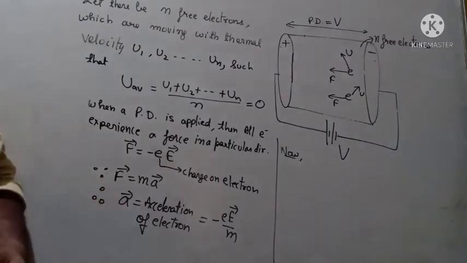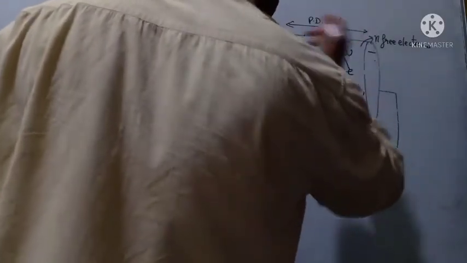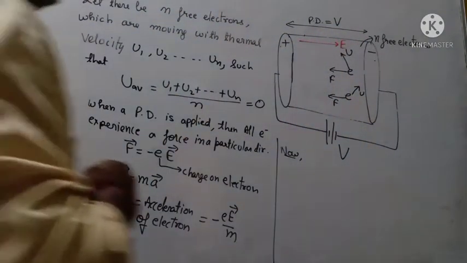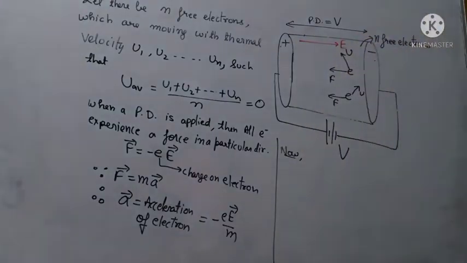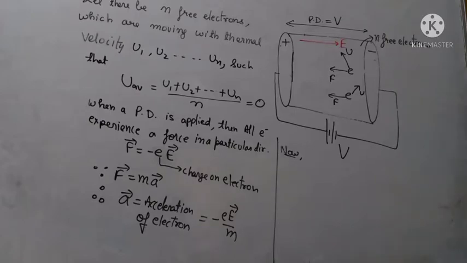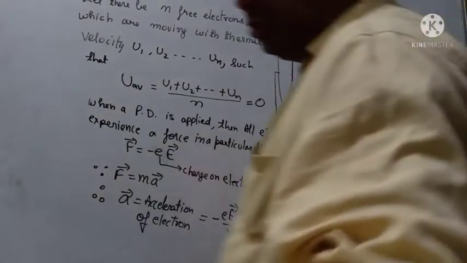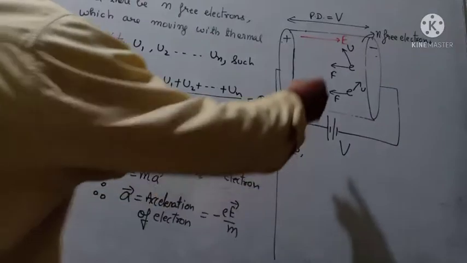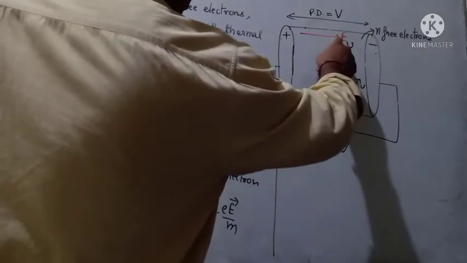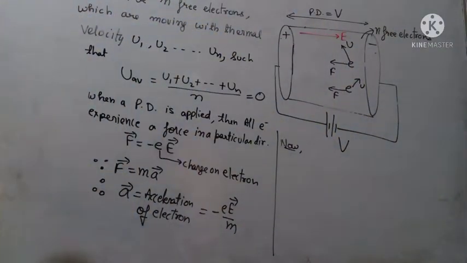Why will they suffer a force? Because due to this potential difference, an electric field will be applied, and this electric field will apply a force on the electron opposite to itself. So now all the electrons begin to move in one particular direction under this electric field.